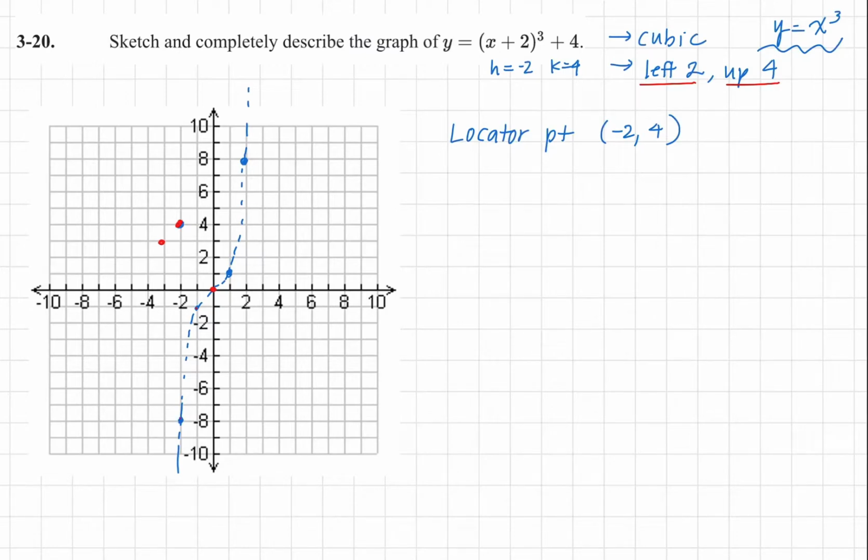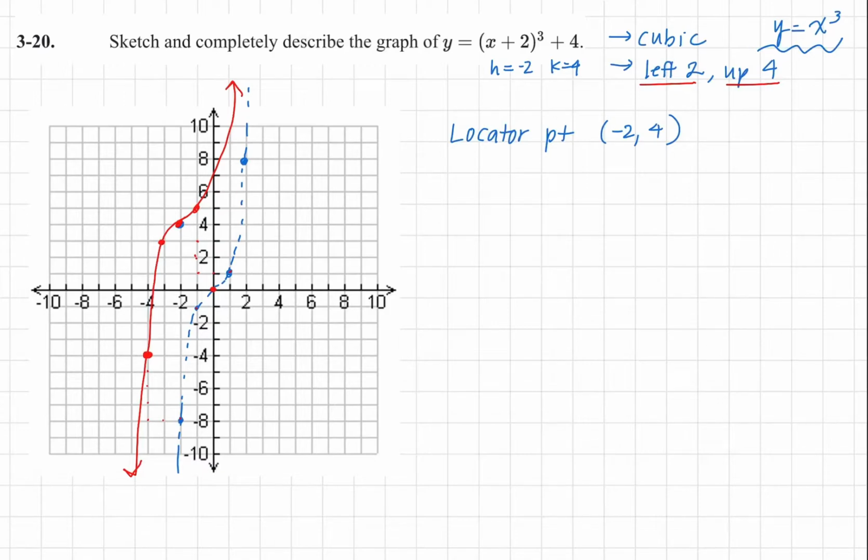And then this point will go left 2, up 4. This one will be left 2, up 4. So then my graph will look something like this. Okay.